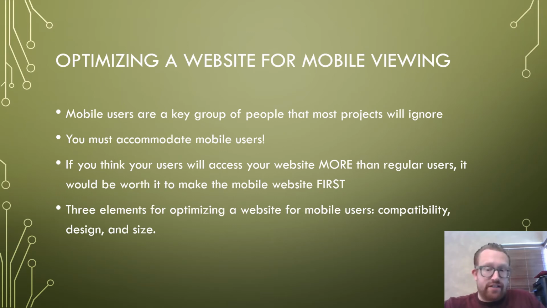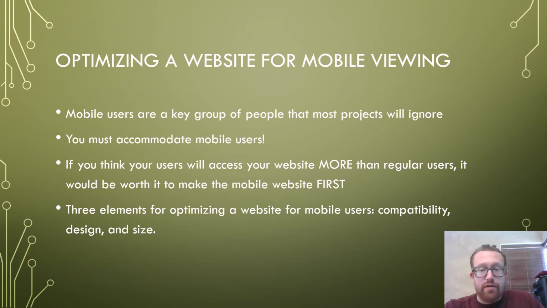So this lesson is going to talk about optimizing a website for mobile viewing, and the whole goal of this lesson is to talk about the ways that you can take your website and make it more user-friendly for mobile users. And mobile users are a key group of people that most projects will ignore. It's unfortunate because a lot of the websites you probably go to, some of the more popular ones, are already made for mobile users, and that's fine.